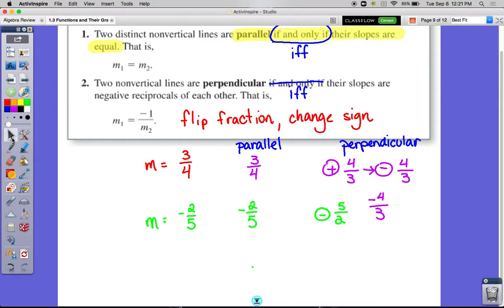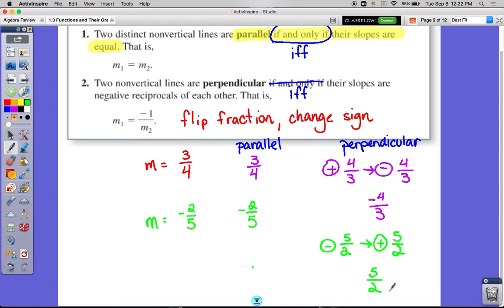The slope was negative. That's the sign. I'm flipping the fraction, so 2/5 becomes 5/2. Then I have to change the sign. Instead of negative, it's now going to become positive. So positive, my flipped fraction, 5/2. And clean that up, well, that's just 5/2. You really don't need the positive sign at that point because it's understood.